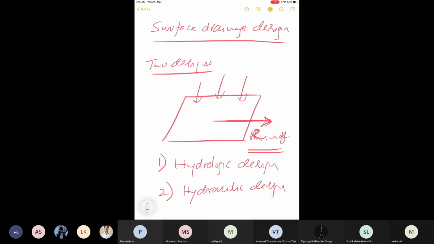In case of hydrologic design, basically we are going to estimate the peak flow or peak runoff expected from the particular watershed or sub-watershed. The second is hydraulic design. Knowing the peak flow, you have to design a channel which can carry that peak flow.